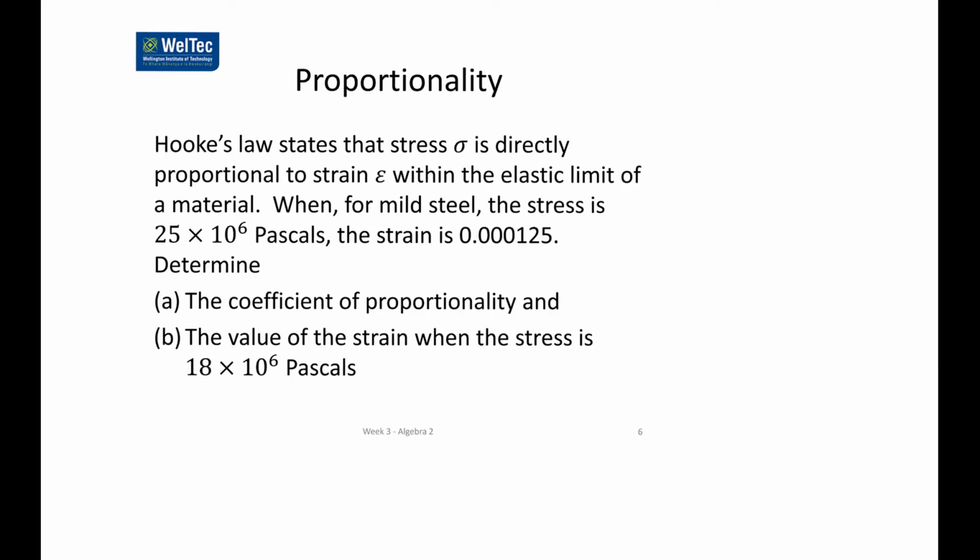From the previous slide where we looked at Hooke's law and saw that the stress was directly proportional to the strain, we could find that K was equal to sigma over epsilon, where the stress is sigma and the strain is the funny E. So we could work out K. That's going to be equal to 25 times 10 to the power of 6 over 0.000125.